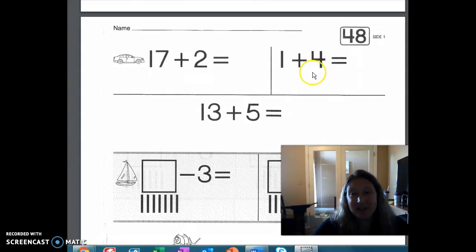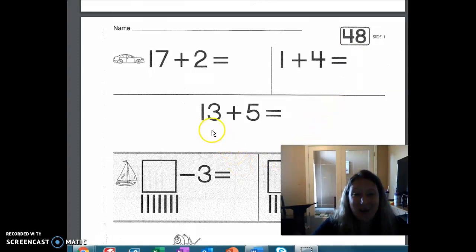Make 4 lines under the 4. 1, 2, 3, 4. Okay. Get the other number going. What number are you going to get going? 1. Get the 1 going and count the lines. 1, 2, 3, 4, 5. How many altogether? 5. So next to the equal sign, make a 5.